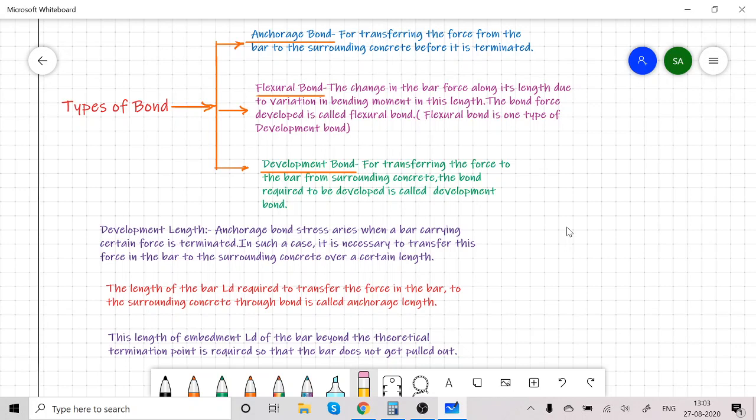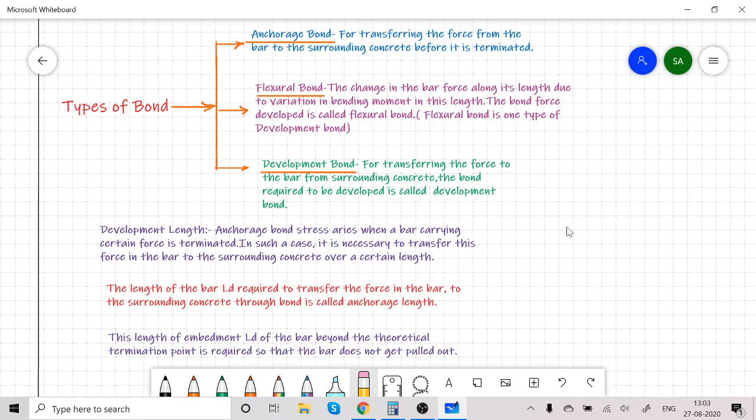Now let us see what is development length. Anchorage bond stress arises when a bar carrying a certain force is terminated. In such a case, it is necessary to transfer this force in the bar to the surrounding concrete over a certain length.